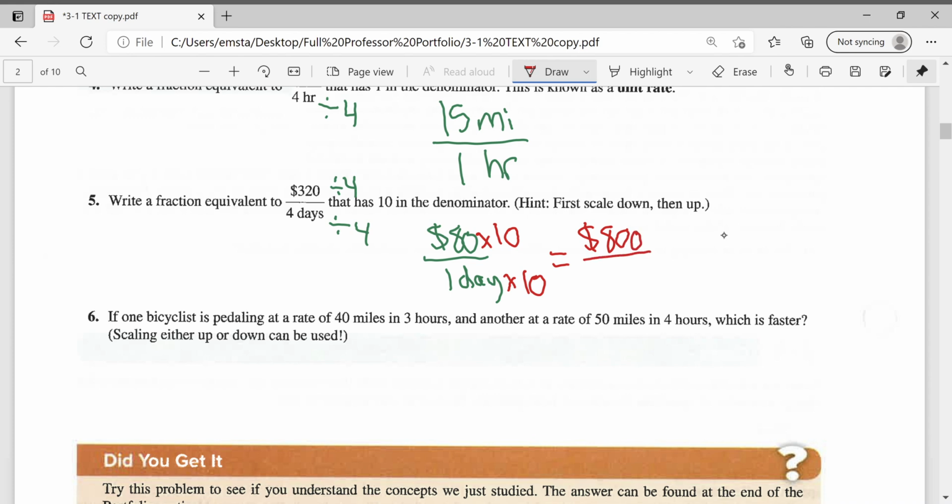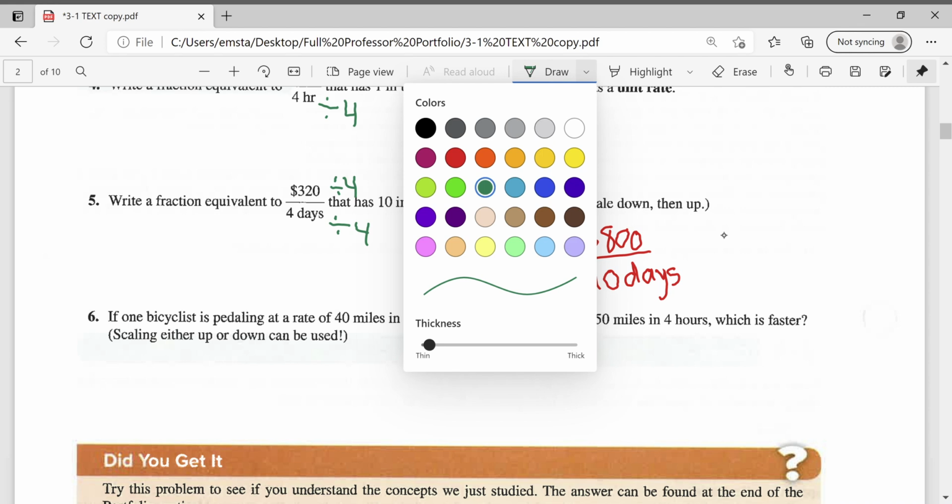One times 10 is 10 days. So we will make $800 in 10 days if we continue to work at that same rate.